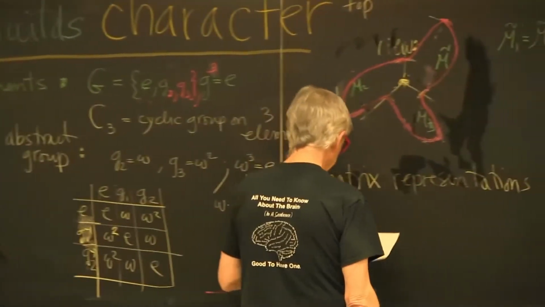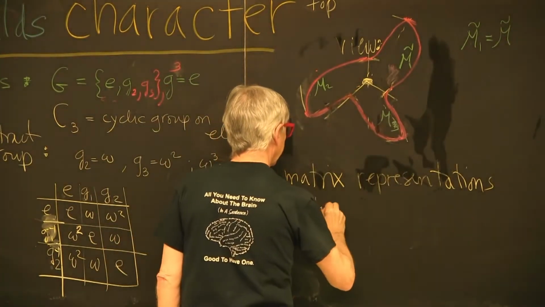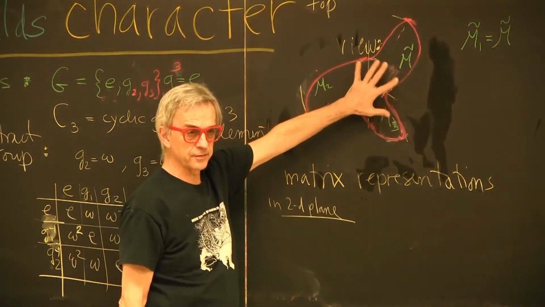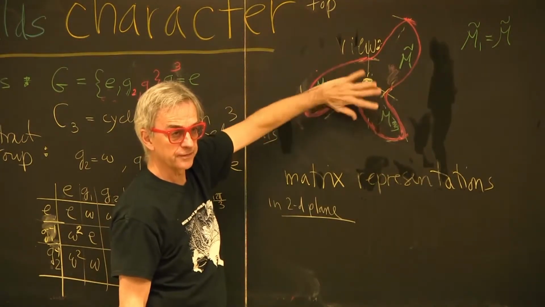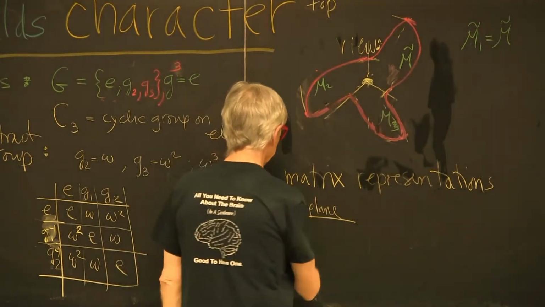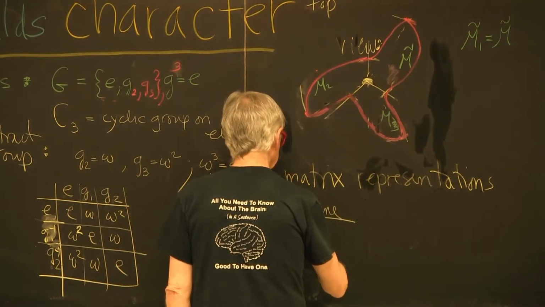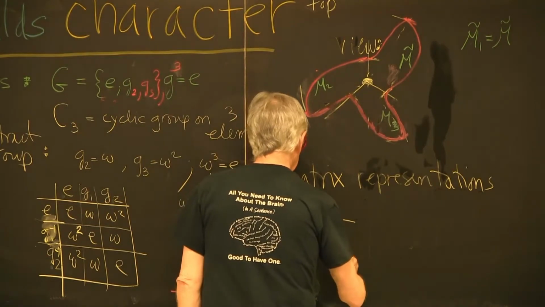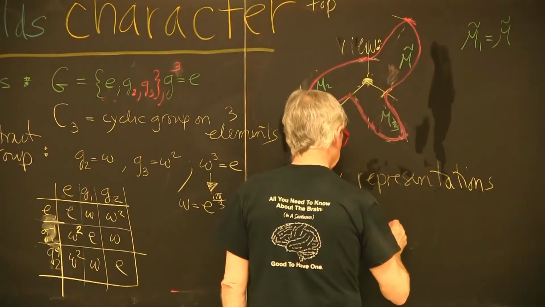So here is one representation. You can actually look at the plane. Again, remember, this space could have 200 dimensions, but we're just looking at it from the top where it rotates nicely, all of its components. But you can think of it as a plane, but it's much more general. In a two-dimensional plane, you can write identity to be just the unit matrix in the plane. Then you can write element G1 or omega.